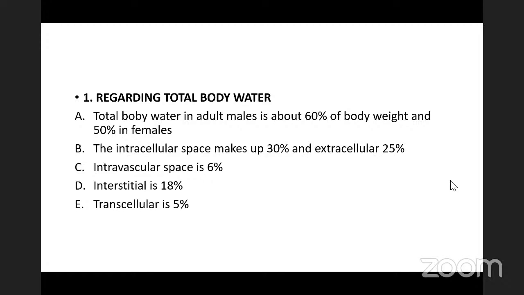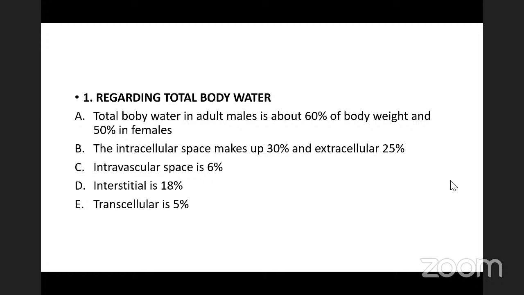So the intracellular is 40% and extracellular is 20%. That is making 60%. So this second option, B, is false.